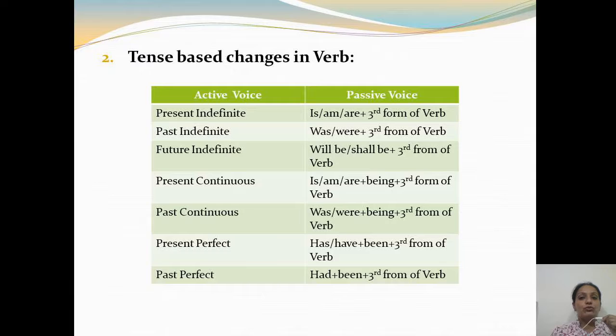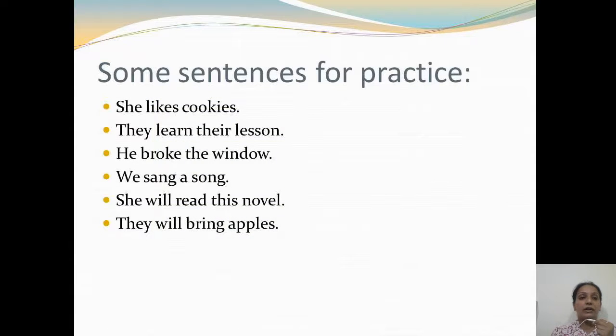Let's try to apply these rules in practice. We have already done the first sentence, she likes cookies, which we have solved as cookies are liked by her. Look at the second sentence, they learn their lesson. How will we change it into passive voice?